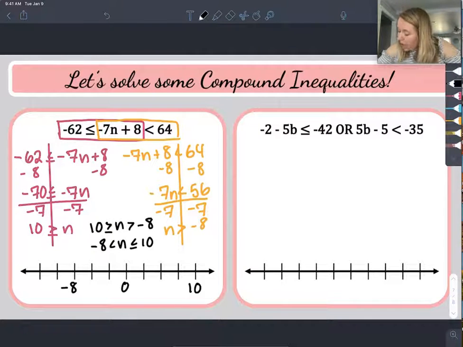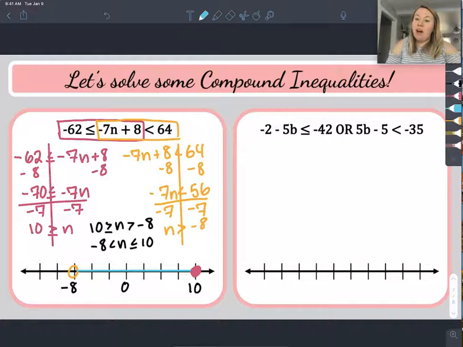I'm going to have an open circle on my negative 8. I am going to have a closed circle on my 10. And because I'm looking at every single number in between the two of them, they are going to be connected, and I'll do this in blue, by a solid blue line. And there we go. That's our graph, and that is the answer to our inequality.